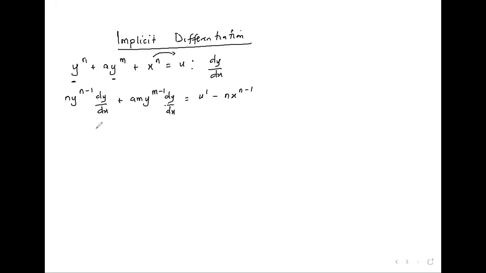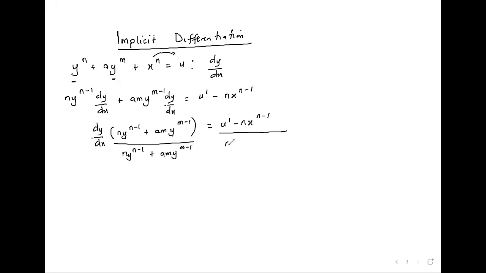So now I'll factor out dy dx as I put these together: (n y^(n-1) plus a m y^(m-1)) is equal to u prime minus n x^(n-1). Then I divide by n y^(n-1) plus a m y^(m-1), on both sides.